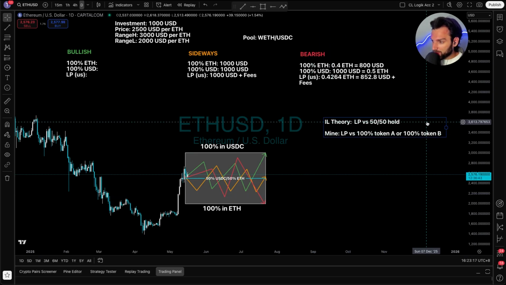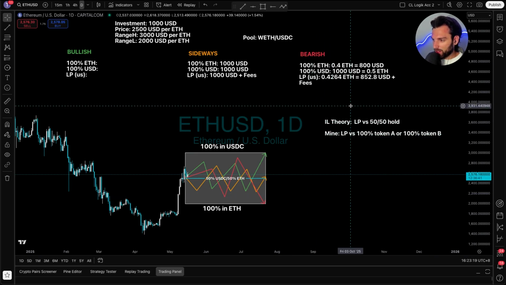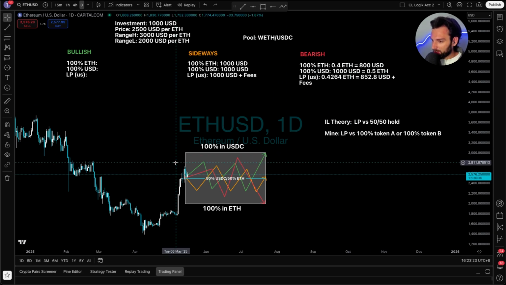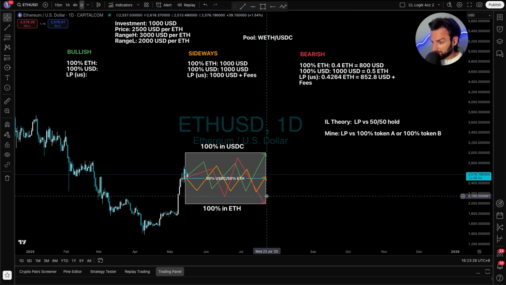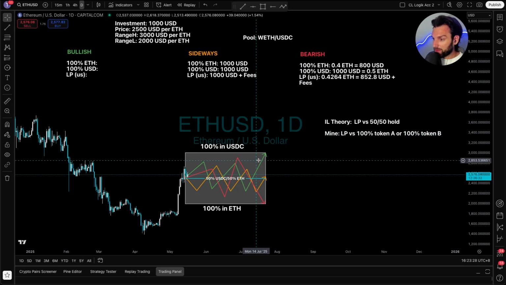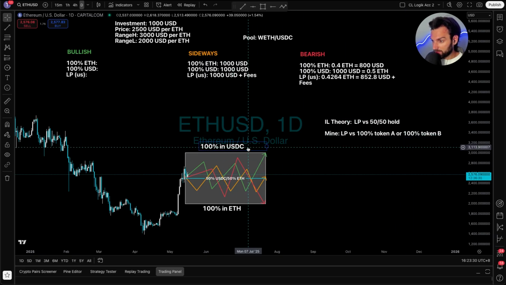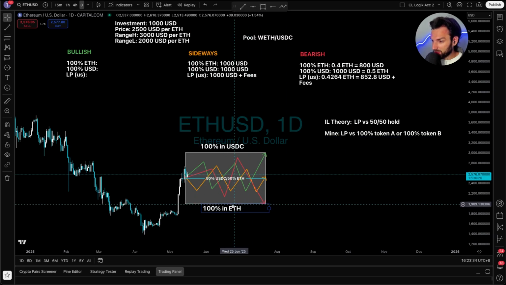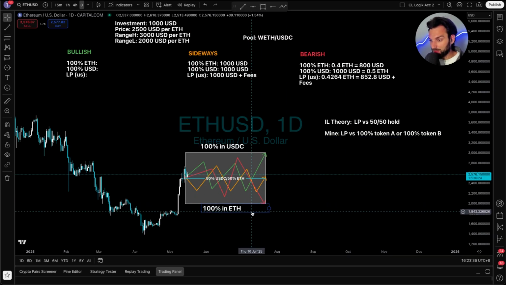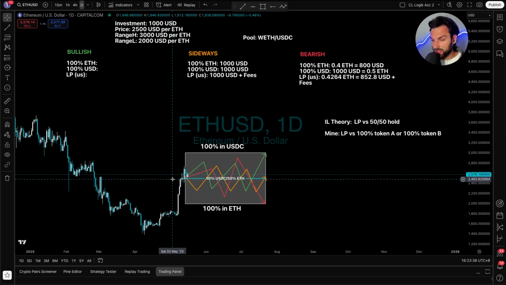So the IL theory, the theory on impermanent loss that complicates things in my view, is that it will compare us, the liquidity pool, versus someone holding 50% of asset A. In our example, it's USDC, and holding 50% of asset B, which in our chart is ETH.